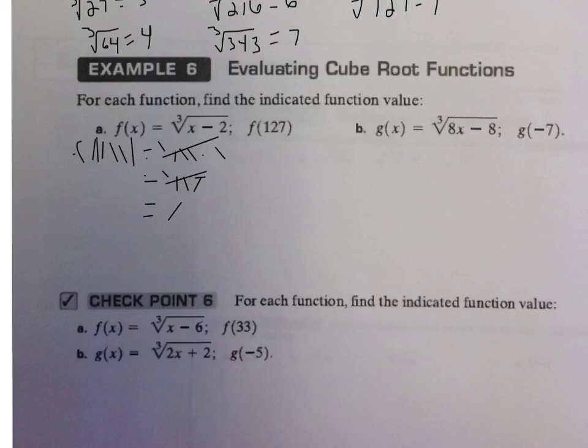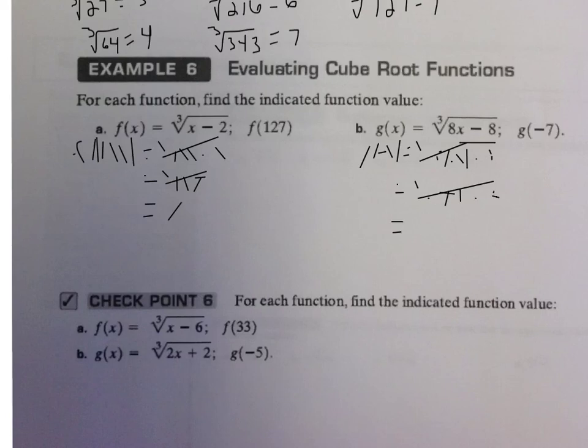Let's look at b. We're going to do g of negative 7. So we're going to put in the cube root of 8 times negative 7 minus 8. And negative 7 times 8, we're going to have the cube root of negative 56 minus 8.